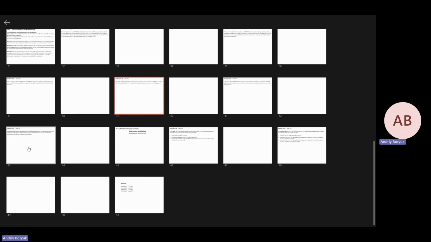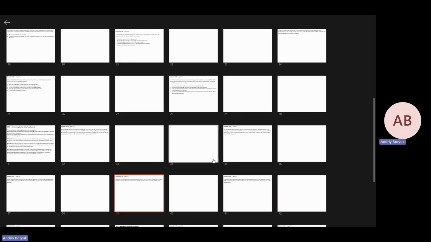We have 1, 2, 3, 4 questions. Let's analyze the situation here. We need to plan. So we have 1, 2, 3, 4, 5, 6.